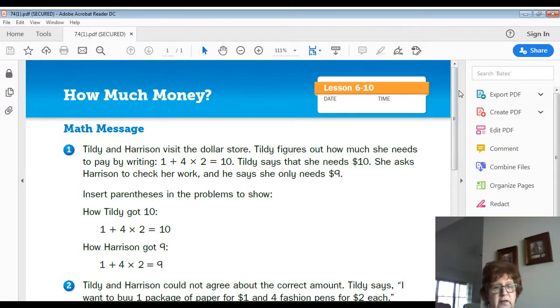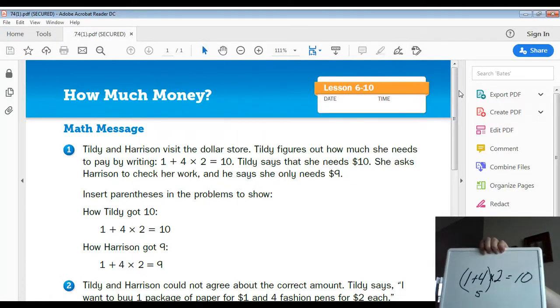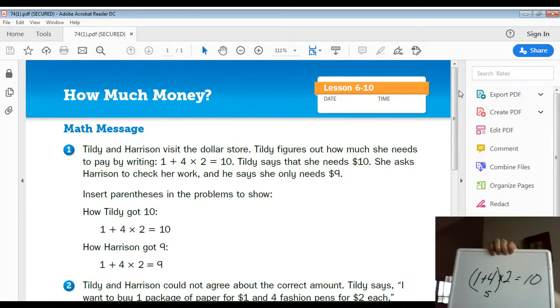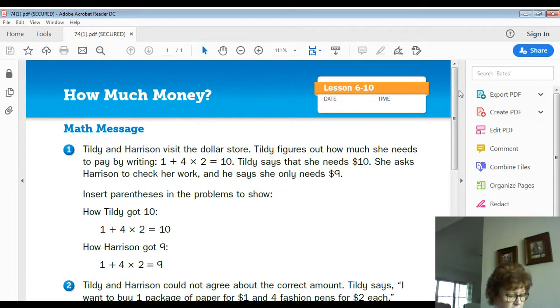All right, so here's what Tildy did. We have 1 plus 4 times 2 equals 10. So what she did was put her parentheses around the 1 plus 4, which is 5, and 5 times 2 is 10. So that is how Tildy got her answer. And here's where you see what we can do that changes that answer.